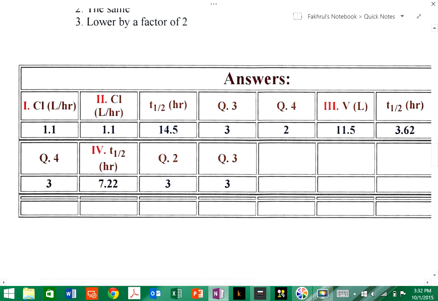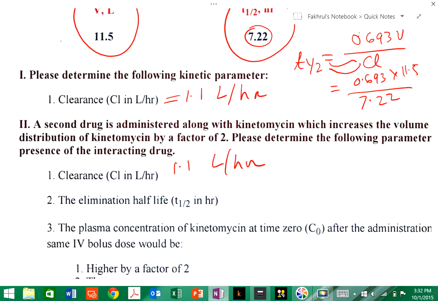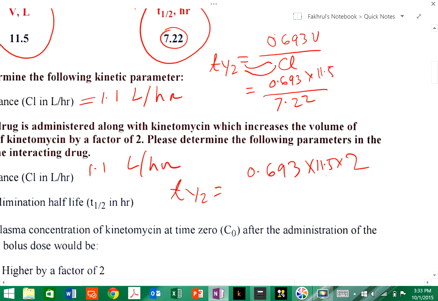So now if you go back to the calculation, T-half will be 0.693 times 11.5 times 2 and divided by the clearance. Clearance is 1.1.